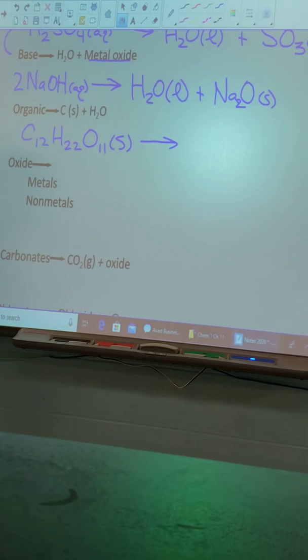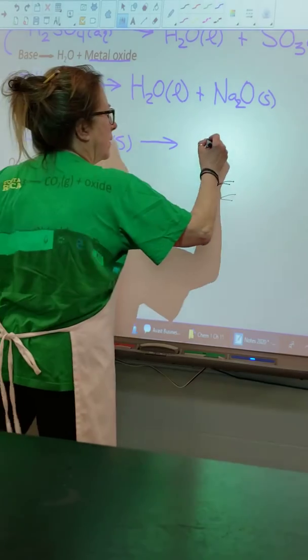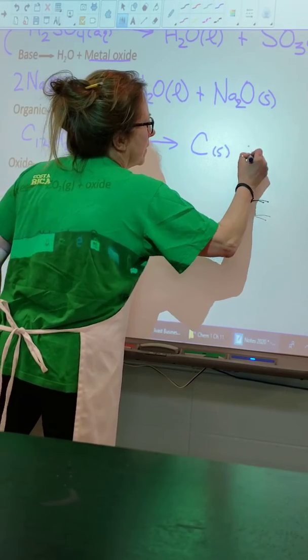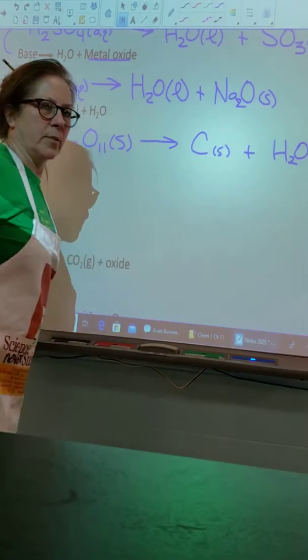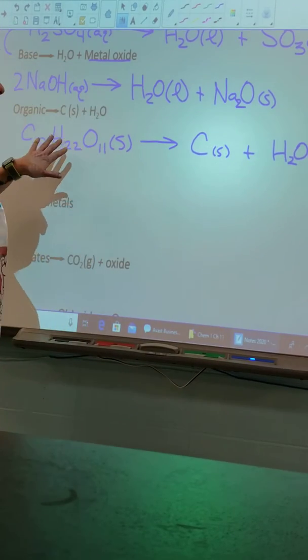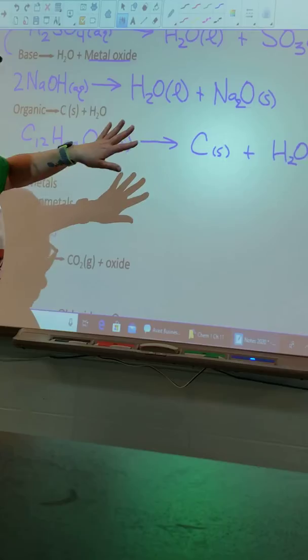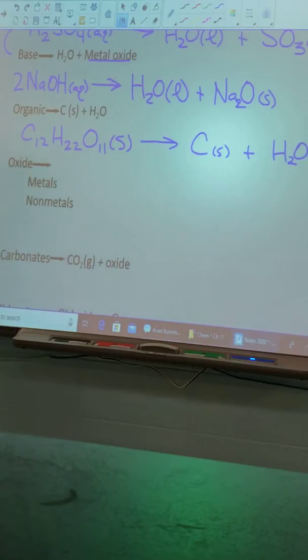And I'm going to decompose it. What am I going to get? Carbon and water. Okay, I'm going to show you that one. And while I'm showing it to you, or afterwards, we can work on balancing that.